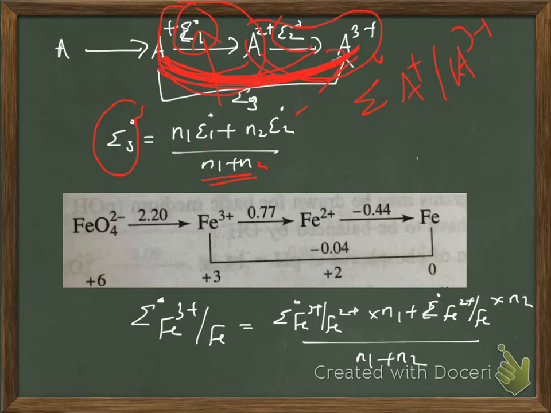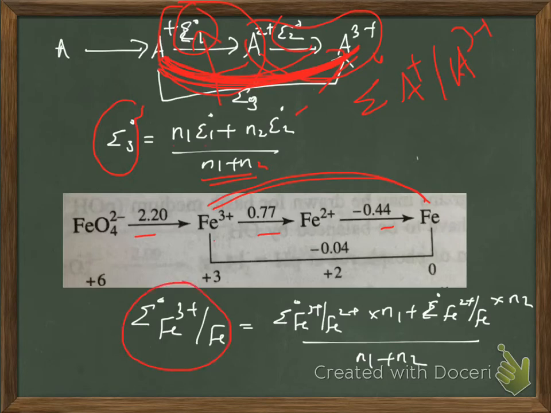For a specific example, we are taking iron. FeO4 2 minus gives Fe3 plus, then Fe2 plus, then Fe, and correspondingly the potentials are also given. You have seen this in the previous slides as the Latimer diagram for iron. Here if you are asked to calculate the potential of Fe3 plus bar Fe, a non-adjacent pair, non-neighboring couple, then we are writing E0 Fe3 plus bar Fe.